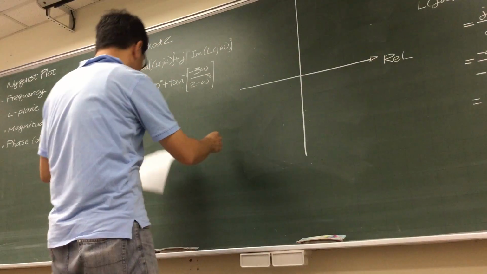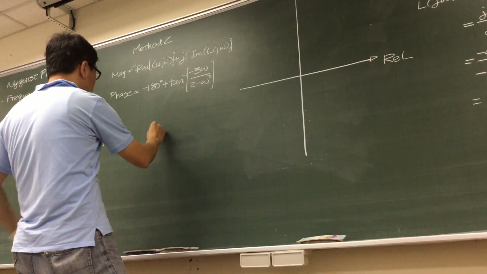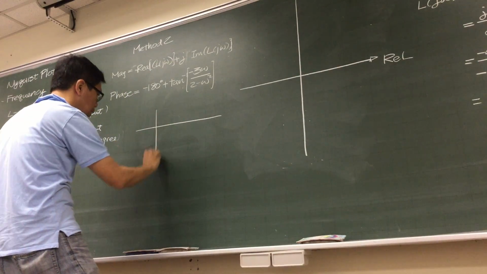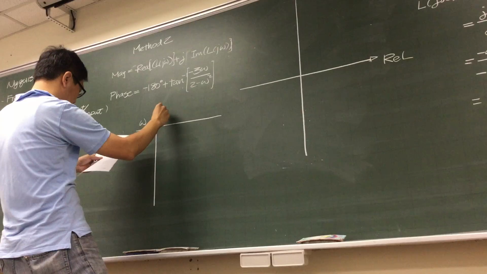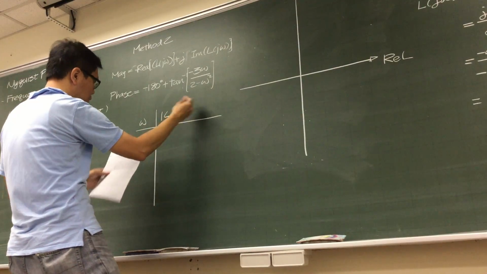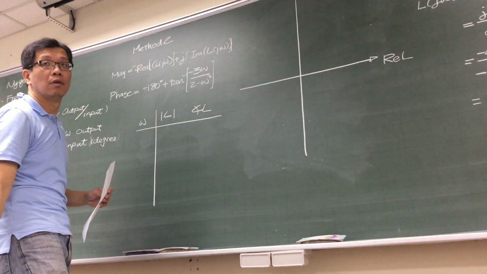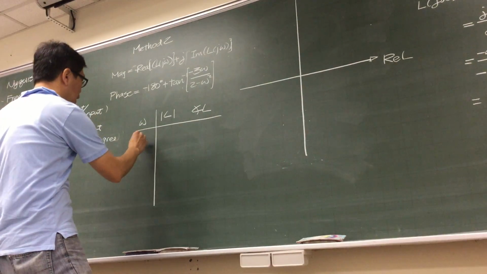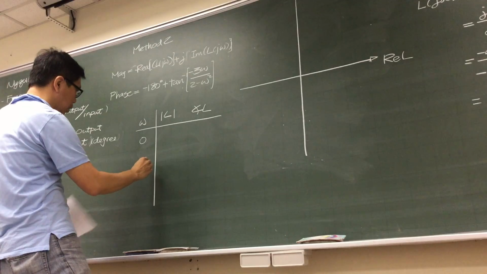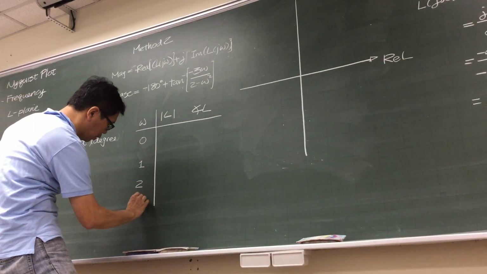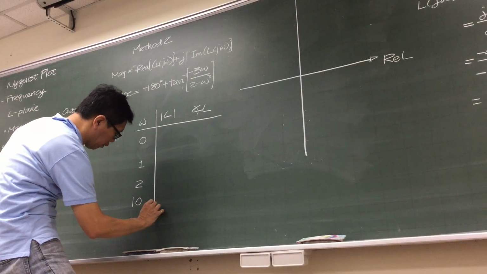So when I'm doing that, there are a few things we want to do. Let's generate omega, magnitude of L, phase of L. So let's say I have 0, I have 1, I have 2, I have 10, I have infinity.